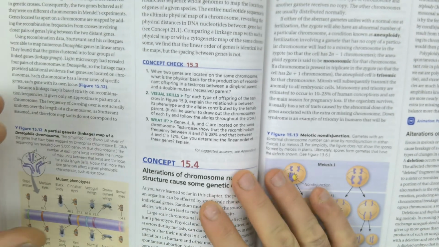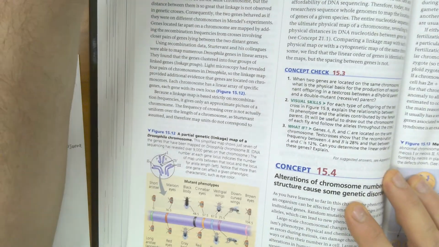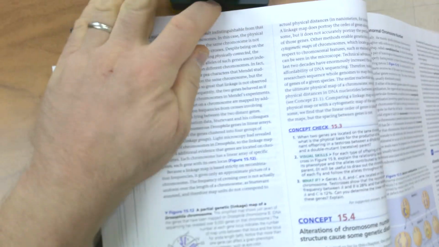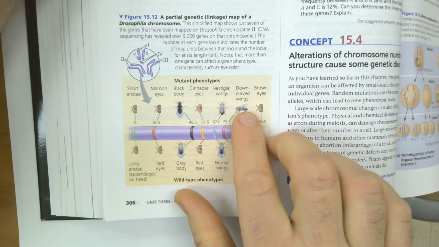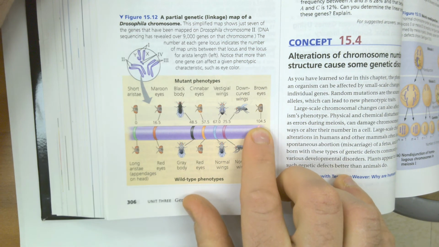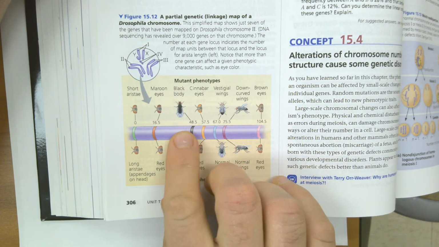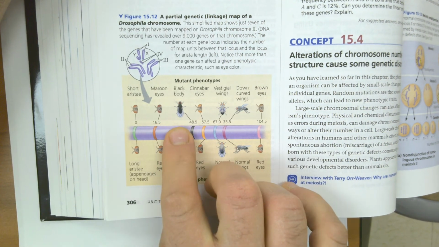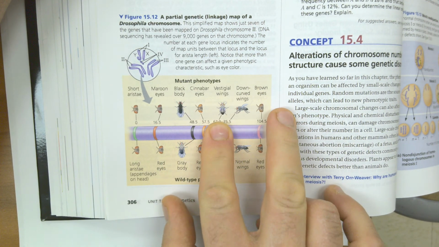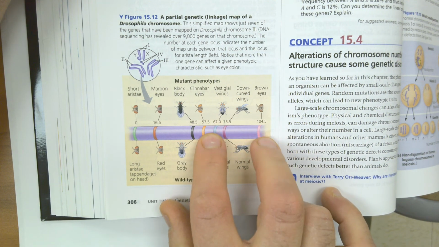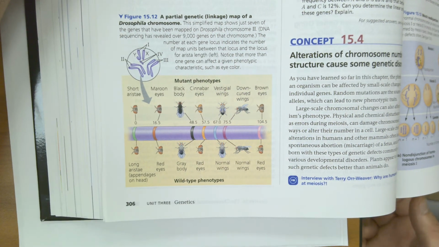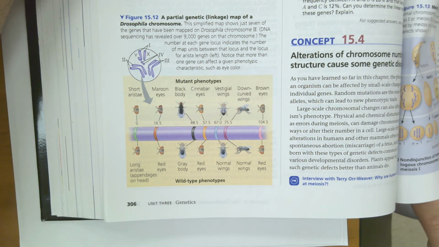Okay. All right, so here is figure 15.12. Hey, got it. They mentioned brown eyes, it's 104 map units. And vestigial wings. So vestigial wings and brown eyes, that's sort of our landmark here. And then gene A is going to be somewhere in the middle. So let me try and recreate that just a little bit.